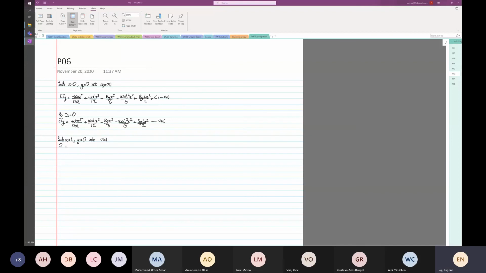Now we have 0 equal to minus omega naught L^4 over 120, plus omega naught L^4 over 12, minus wL^3 over 6, minus omega naught L^4 over 6, plus wL^3 over 2. Now you can see that from this equation we can find w.